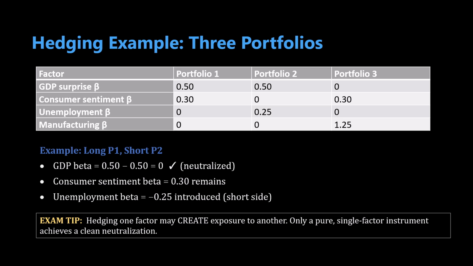A hedge can remove one factor exposure while creating another. A hedge instrument is only clean if it isolates the specific factor you want to hedge. For FRM questions, always check factor exposures first. Only after confirming that exposures are matched or neutralized should you compare expected returns to infer whether an arbitrage opportunity exists.